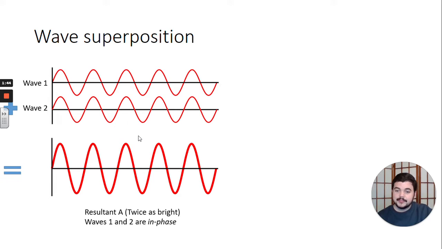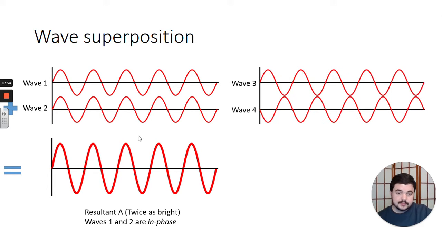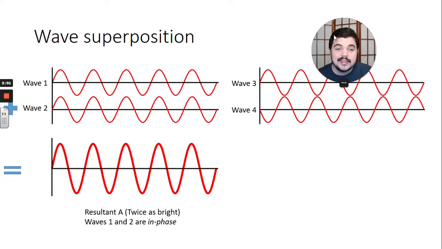So the resultant here is twice as bright because waves 1 and 2 are in phase. Sometimes though, you go to add two light waves together, like waves 3 and 4 here, and those light waves are not in phase.